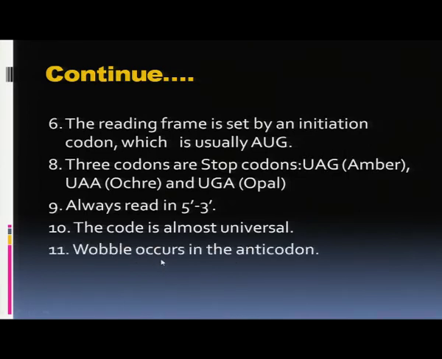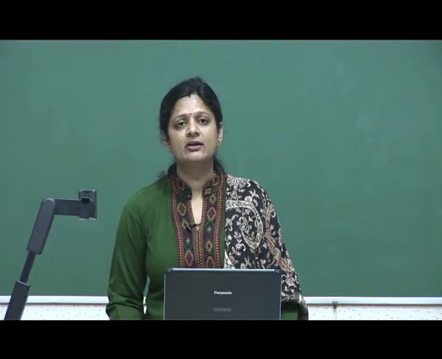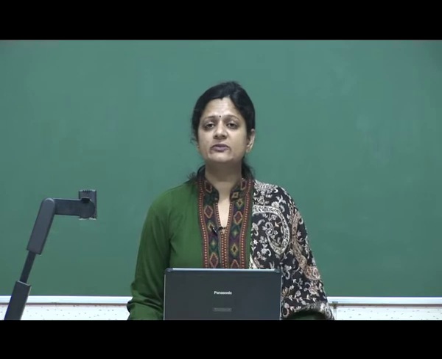The important aspect of the genetic code is the occurrence of wobble in the anticodon. Now, what is the meaning of wobble? While pairing of the codon with the anticodon of transfer RNA, we will learn about the anticodon in the coming slide. So, the anticodon is there in the transfer RNA.